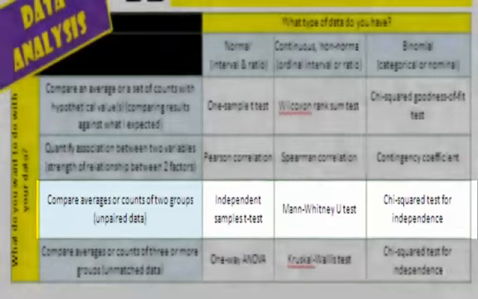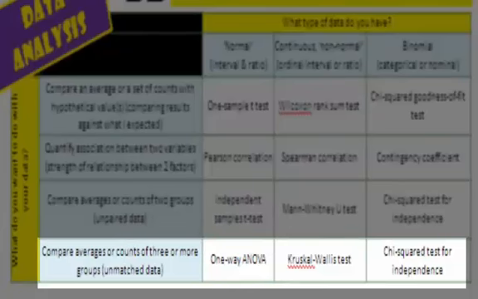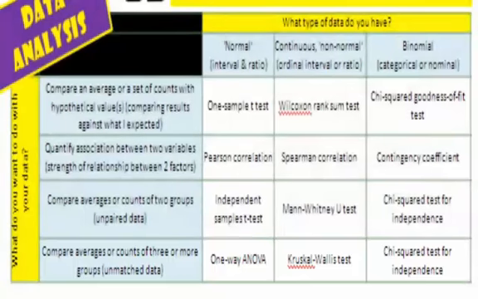Or do we want to look at more than two groups, 3 or more groups? And using the table, we can decide which test we need to do. In order to understand the response to the test or the answer to the test, though, we need to understand a few things. Firstly, probability.